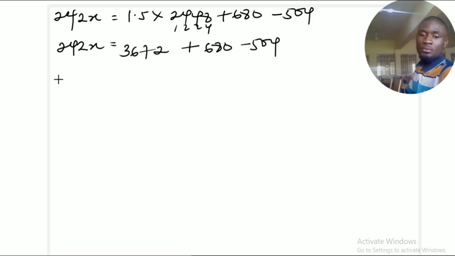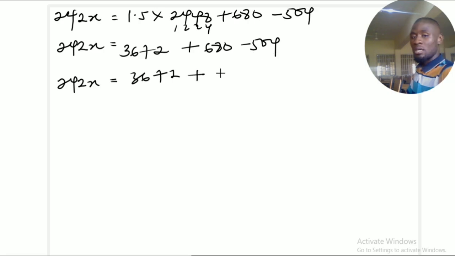Now, 242x is equal to 3,672. Now, 680 minus 504, yes, that will be plus 176. When you add up, you have 3,672 plus 176. 6 plus 2 is 8.